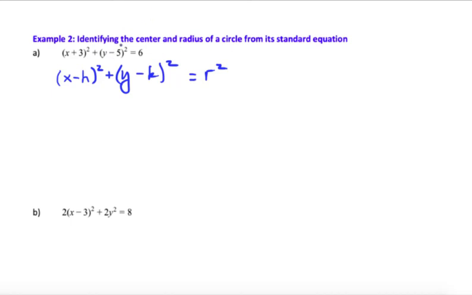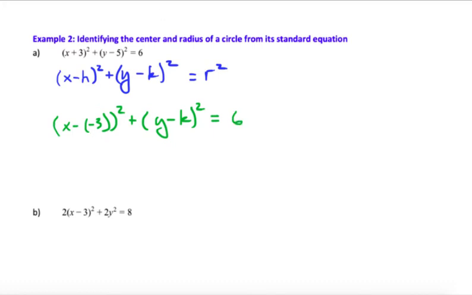I can see I've got a plus 3 here, but this is x minus h. So I can rewrite this first piece as (x minus a negative 3) squared, and then plus (y minus k) squared, and that's equal to 6.